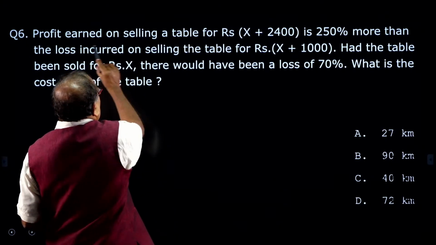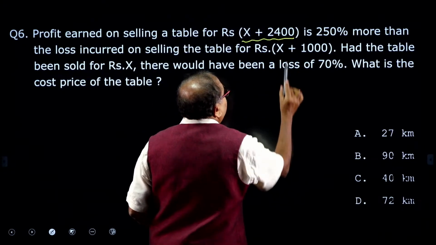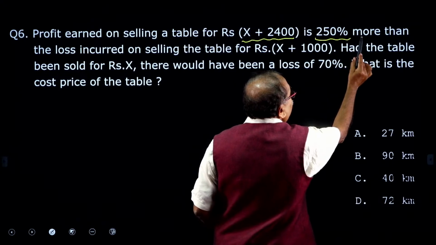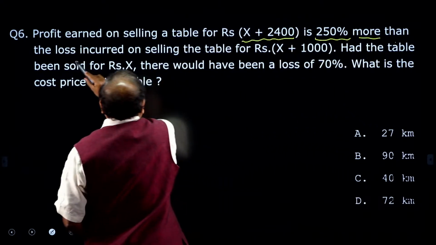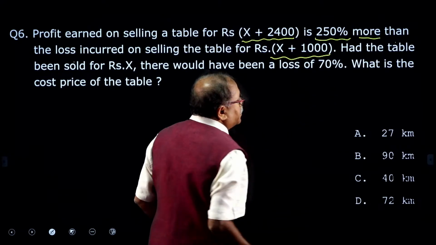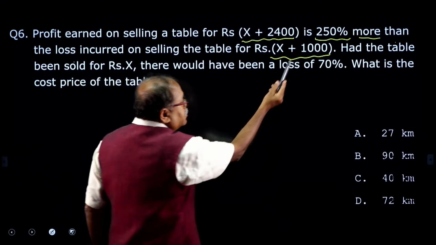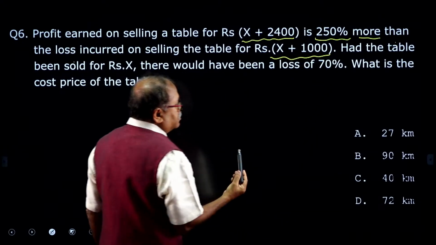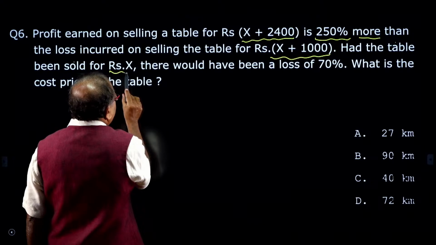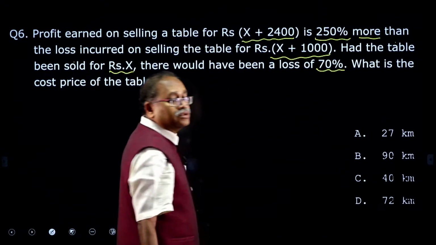Here, the profit earned on selling a table for rupees x plus 2400 is 250% more than the loss incurred on selling the article for rupees x plus 1000. Now, had the table been sold for rupees x, there would have been a loss of 70%.